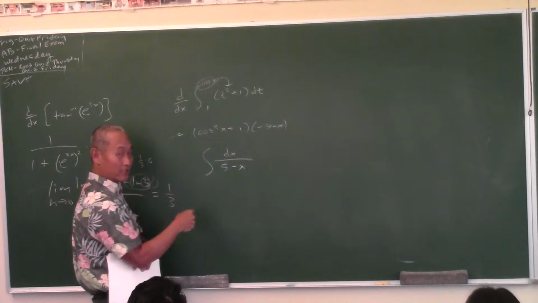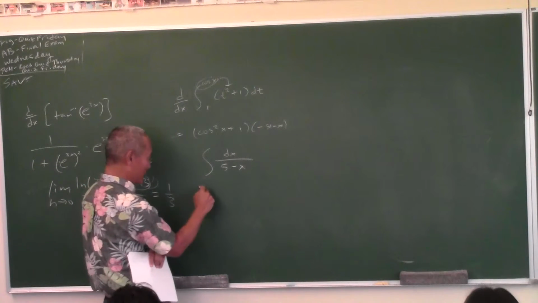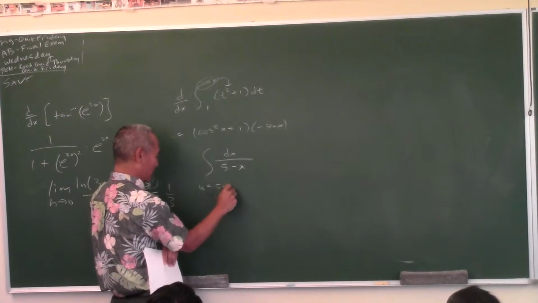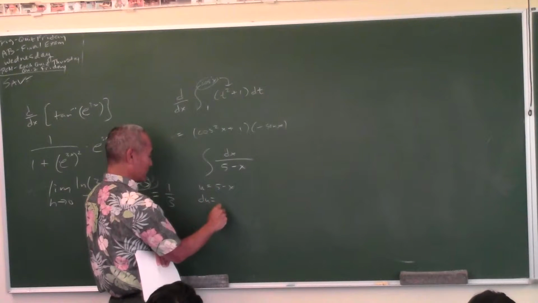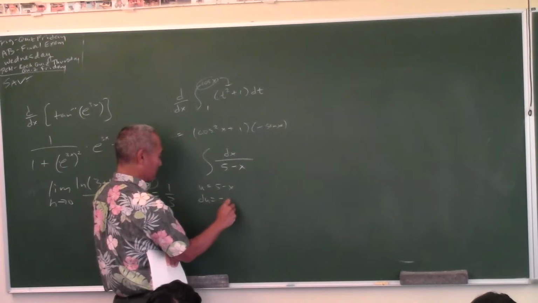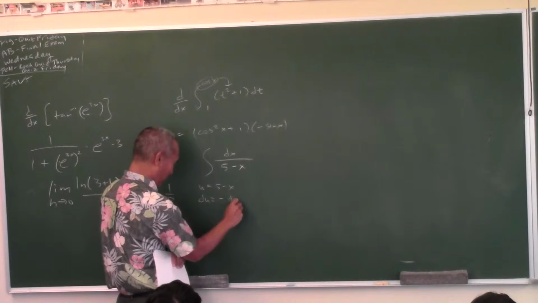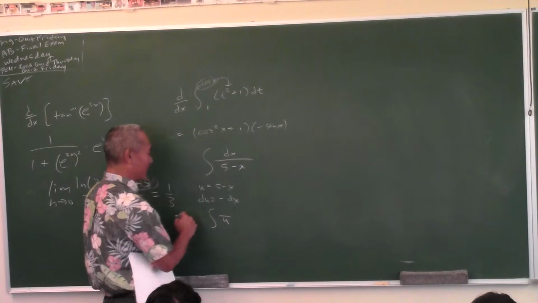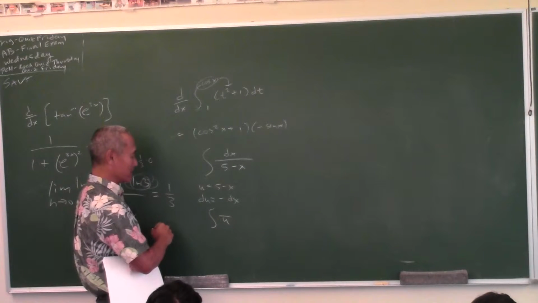Hopefully you could just look at this and write it down, but I guess not. That's okay. u equals 5 minus x, du equals negative 1 dx. So this integral becomes u on the bottom.